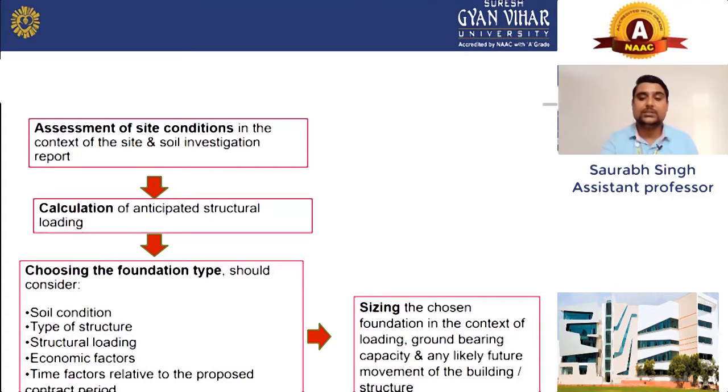As I told you earlier in my previous video, dead load means the load which is fixed with the structure, and live load means the load which can be moved. And there are also some examples of live load, like if you are in a school, college, or university, there will be machinery, benches, desks, all these things.